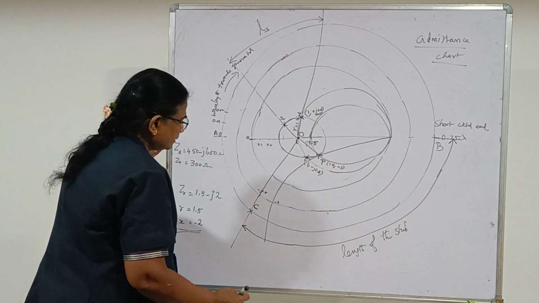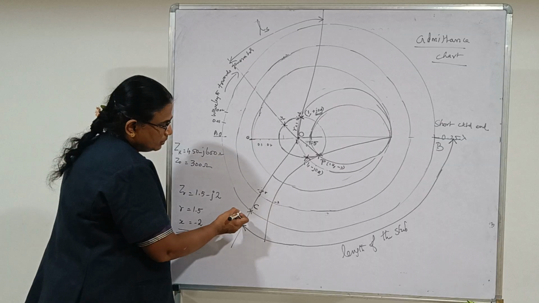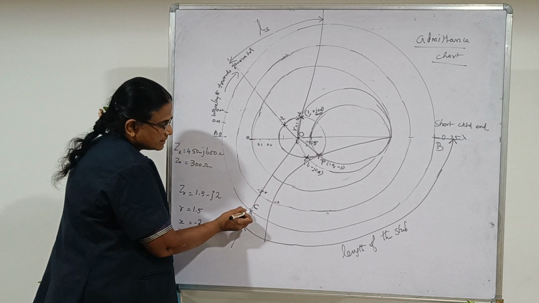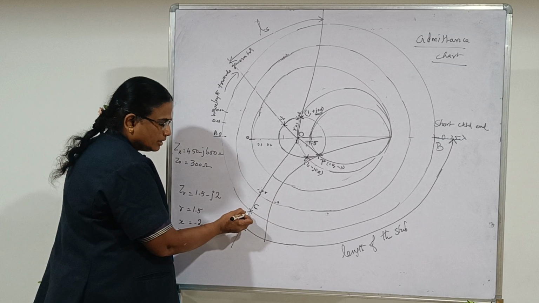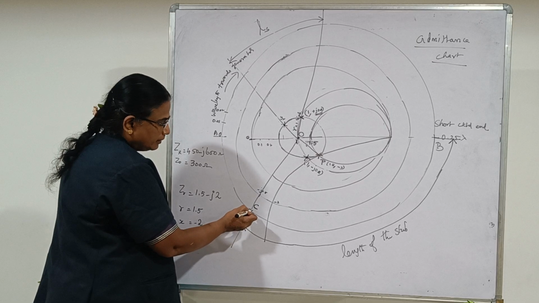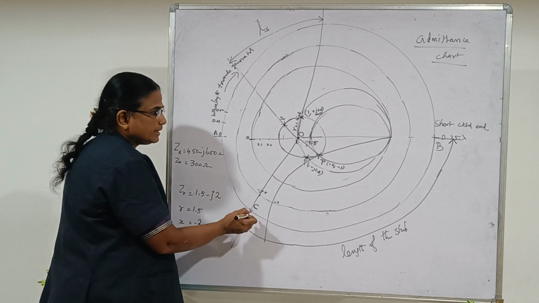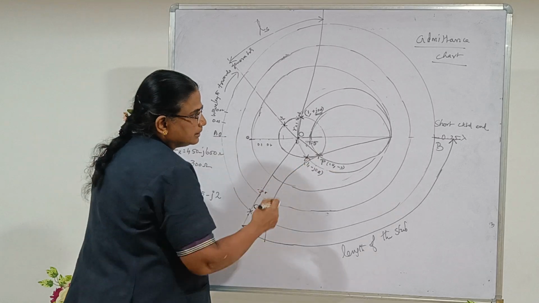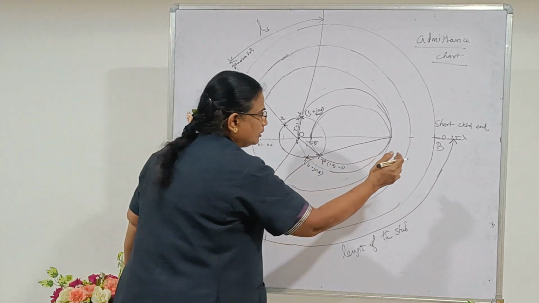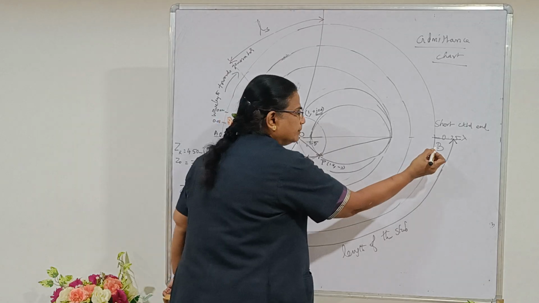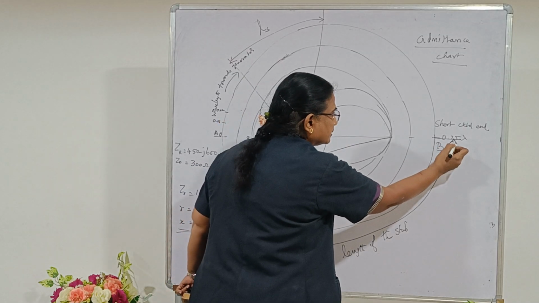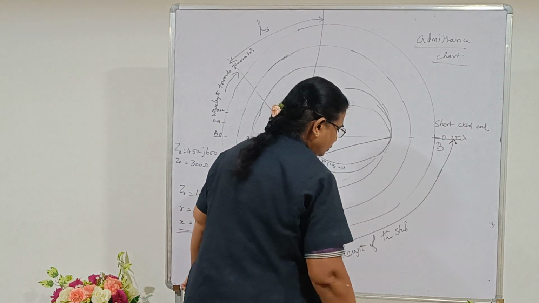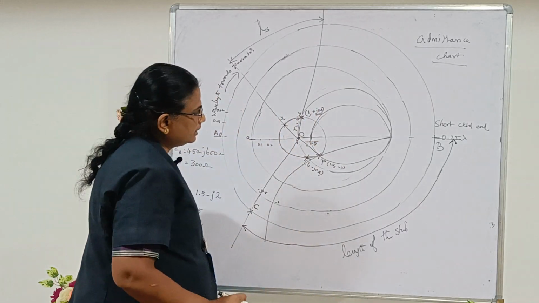So you locate the value on the outer scale, the wavelength scale. Note it down, and this value, the wavelength scale at this point C, minus the value of the wavelengths at this point, the short circuited end, which is 0.25. So you will get the length of the stub.